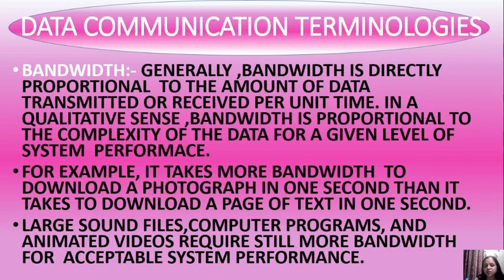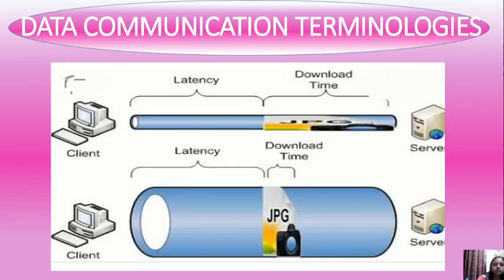Now you can see one image here, with the client on the left side and the server on the right side, and in between there is the image download time. A JPEG image is being downloaded by the client. Here one word is written: latency. Latency means delay, the delay between a user's action and a web application's response to that action.